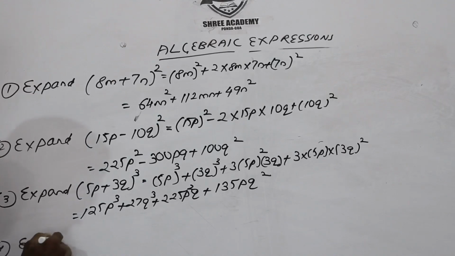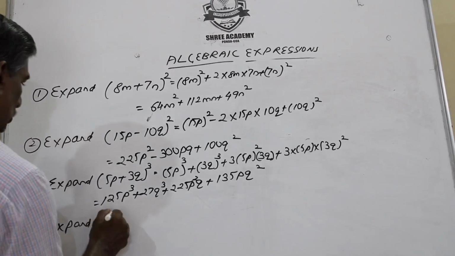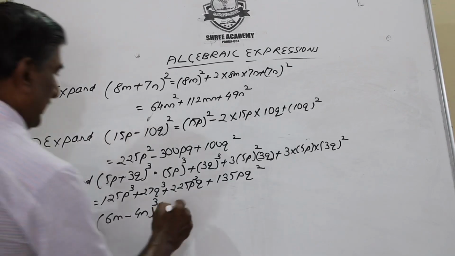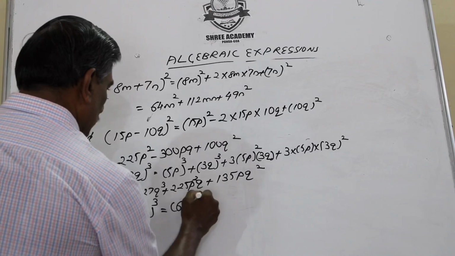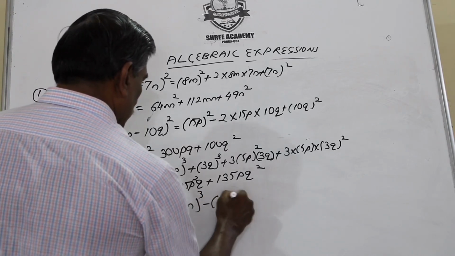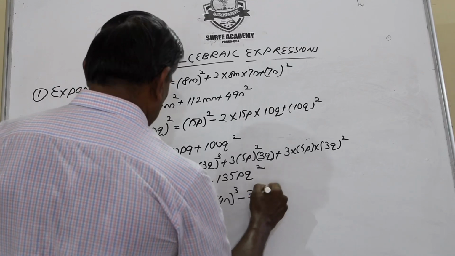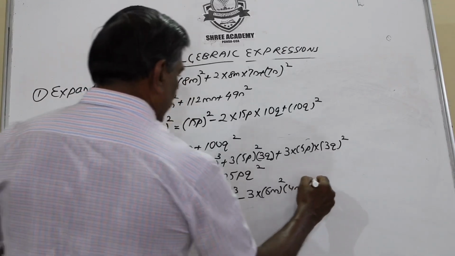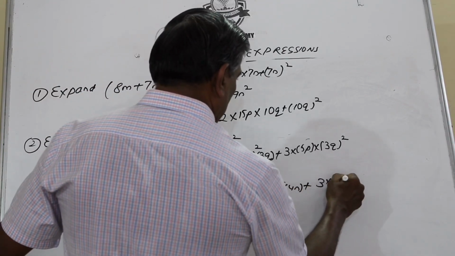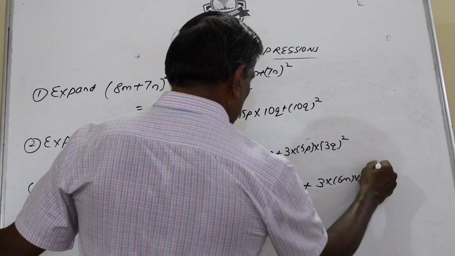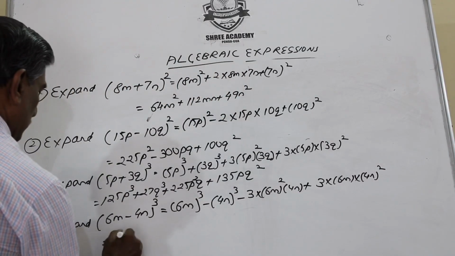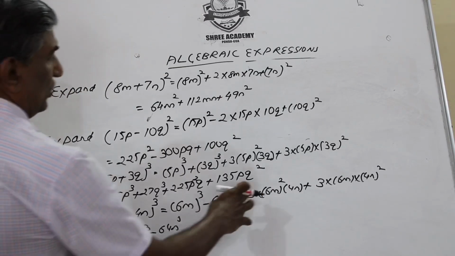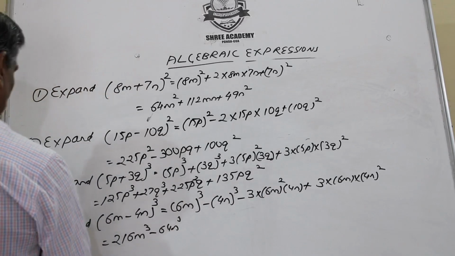We can have the same expansion in a minus b. So 6m minus 4n the whole cube means it is nothing but a cube minus b cube minus 3a square b plus 3ab square. So this is 216 m cube minus 64 n cube. 6 square is 36.